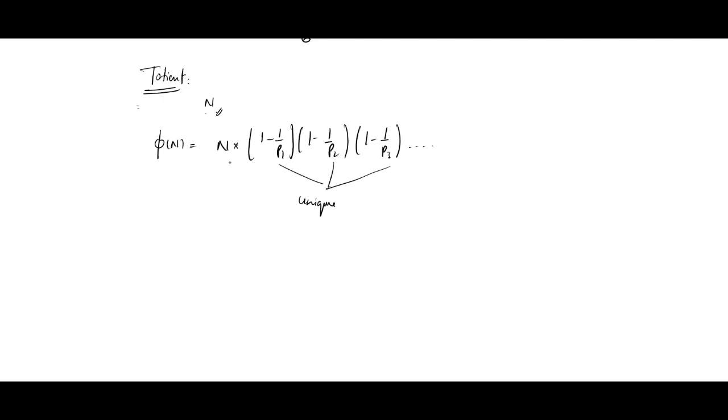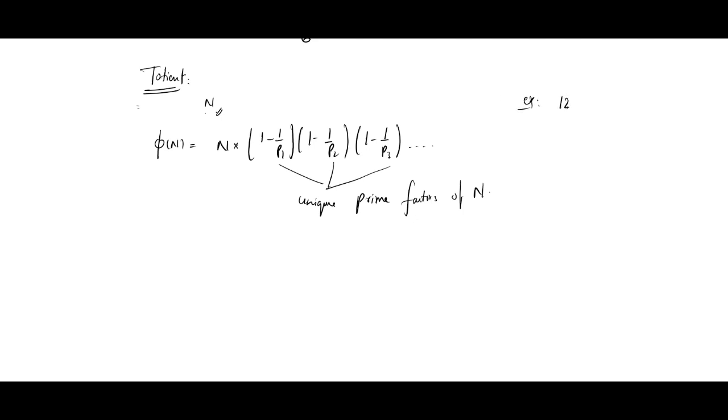If there is a number n, the totient of n, phi of n equals n multiplied with 1 minus 1 by p1 into 1 minus 1 by p2 into 1 minus 1 by p3 and so on, where p1, p2, p3 are the unique prime factors of n. Okay, let me take an example, you'll understand.